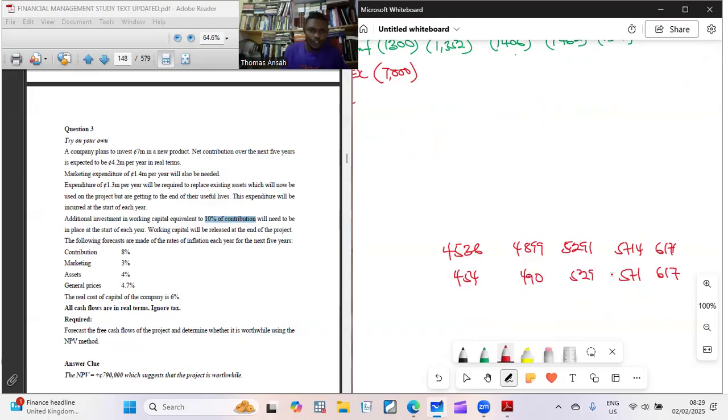All right. And you see this also that they said that the working capital will be released at the end of the project. We all know that. And it says that, so this is what I'm looking at. The additional working capital is 10% will need to be in place at the start of each year. So the working capital is always like that. And that is why when we finish, we are always doing the movement.